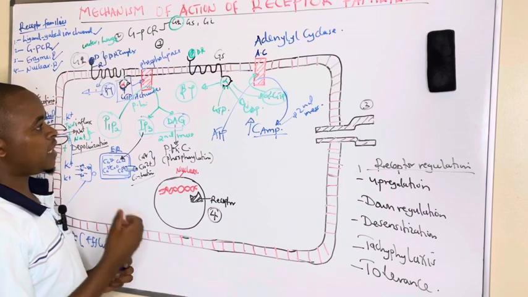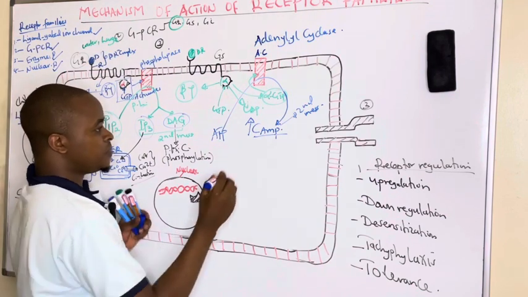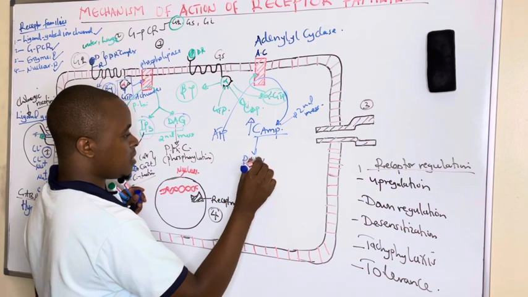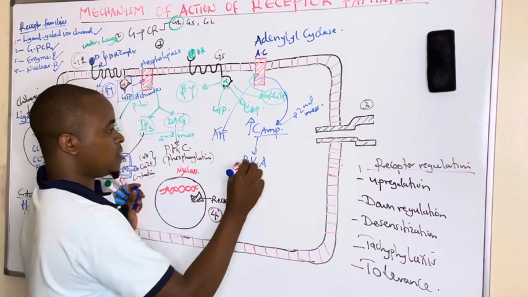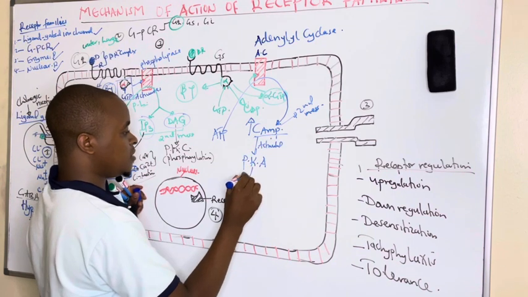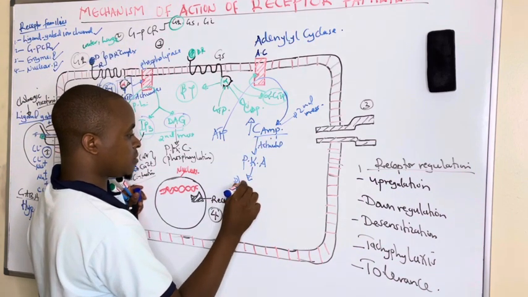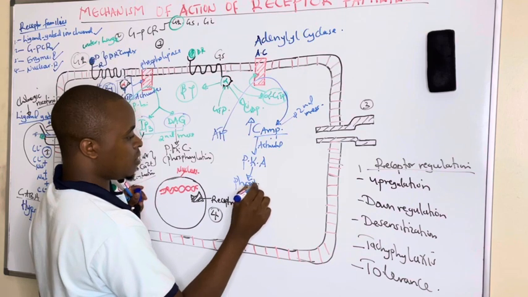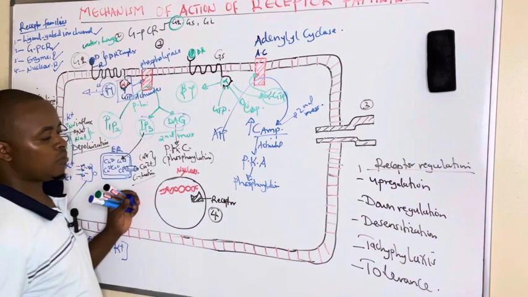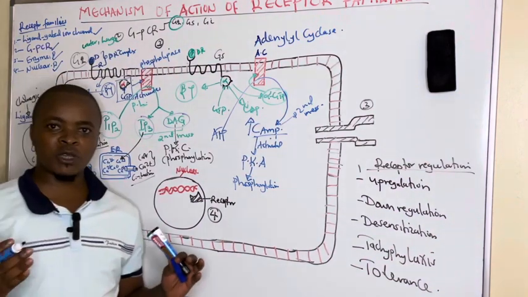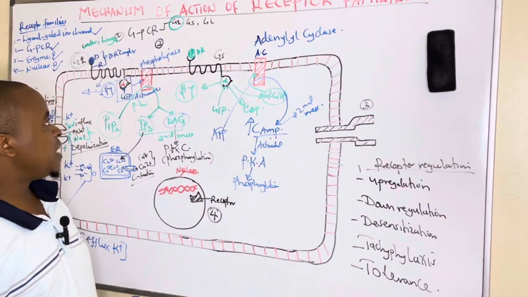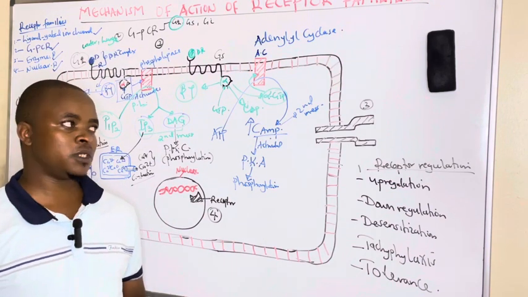When cyclic AMP levels increase in the cell, they go and activate inactive protein kinases, this time type A. After being activated, they do the work of phosphorylation. It phosphorylates proteins, bringing about the cellular response of the drug. So this is the mechanism of action of G stimulatory.